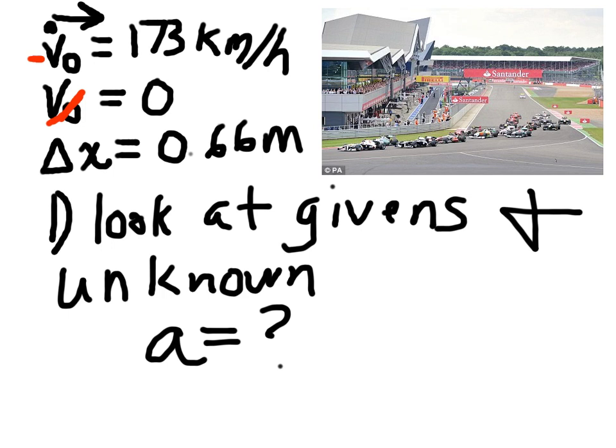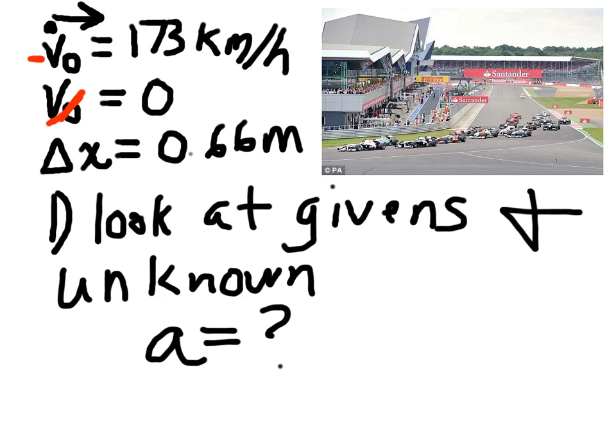Just offhand, looking at this first, this could get complicated because my favorite kinematic equation, x equals x naught plus v naught t plus 1/2 at squared, won't work here, I don't think. However, the reason I don't think it will work is because it does not involve final velocity, which we are given.